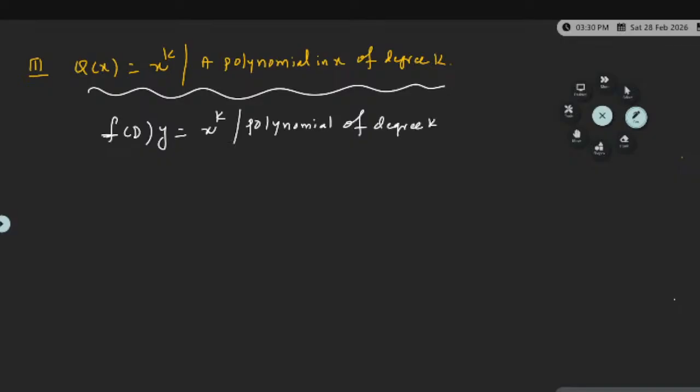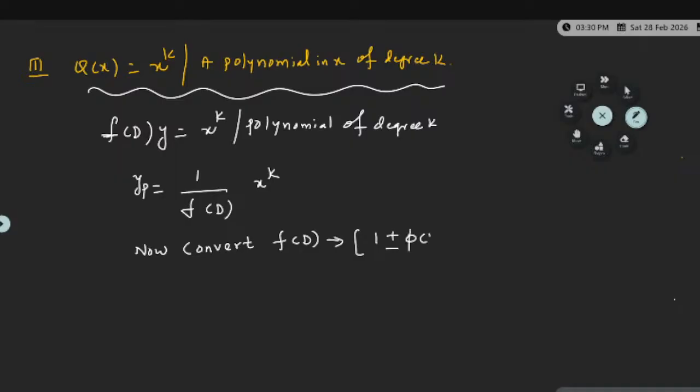Obviously, to find yp, we are sending f of D to the right side. Okay, right. Now, convert f of D into the form, yes.